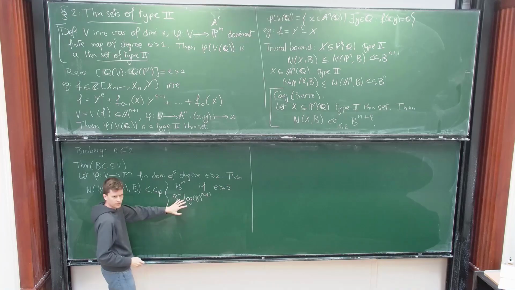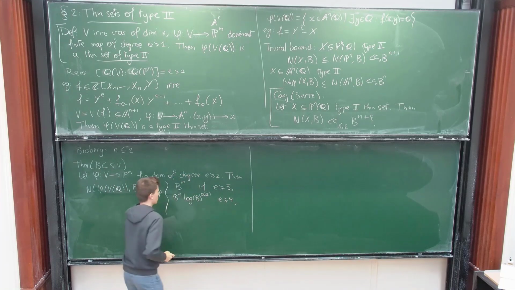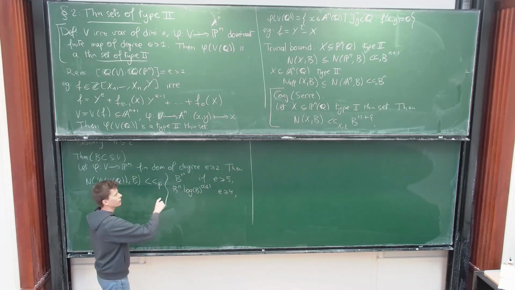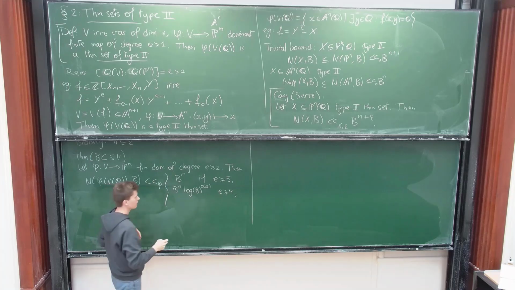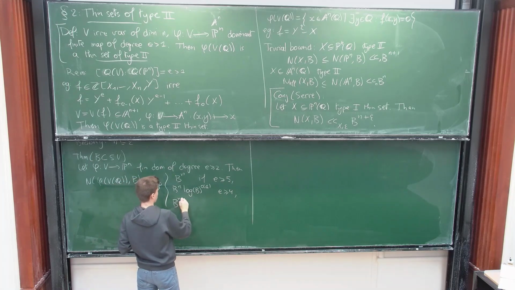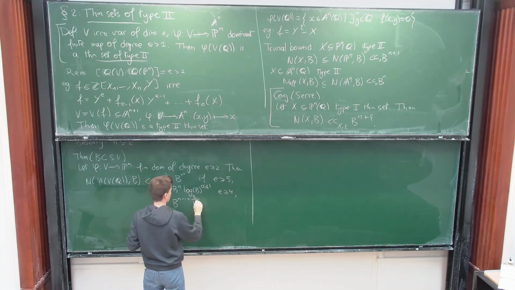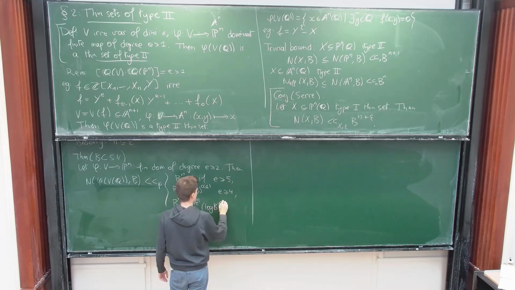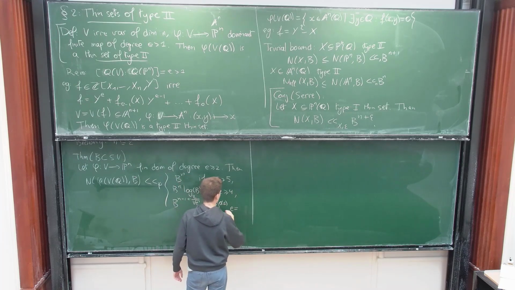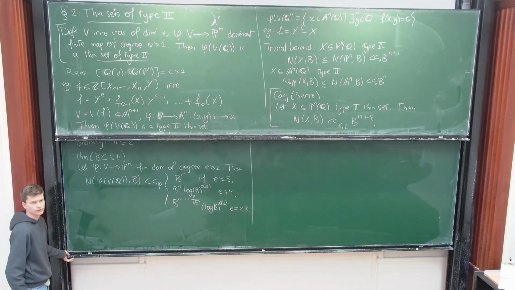There's some logarithmic factor if the degree is at least 4. And then we also have some improvement upon the trivial bound for degrees 2 and 3, but it's not quite Serre's conjecture. It says B to the n minus 1 plus 2 over square root e, when this morphism has degree 2 or 3.